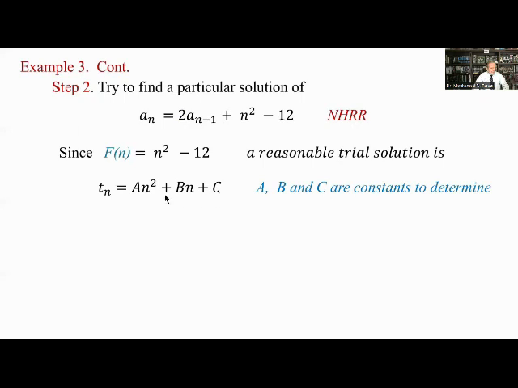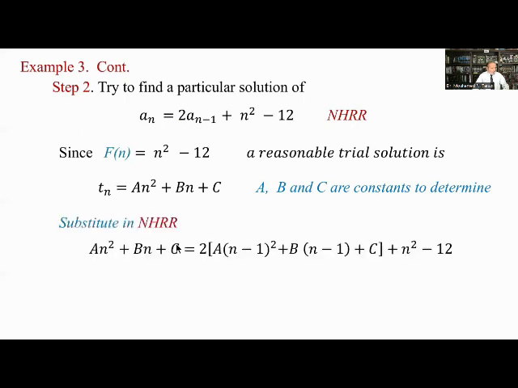Okay, so we have to determine these constants. So we replace this in the non-homogeneous recurrence relation here. You get this. Okay, we just replaced it here. T_n, this one here, T_(n-1) + n^2 - 12.